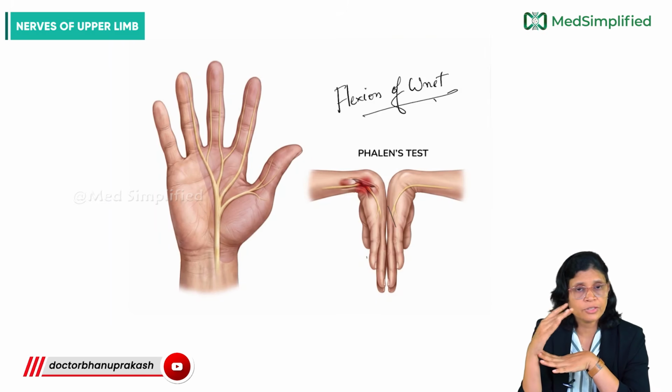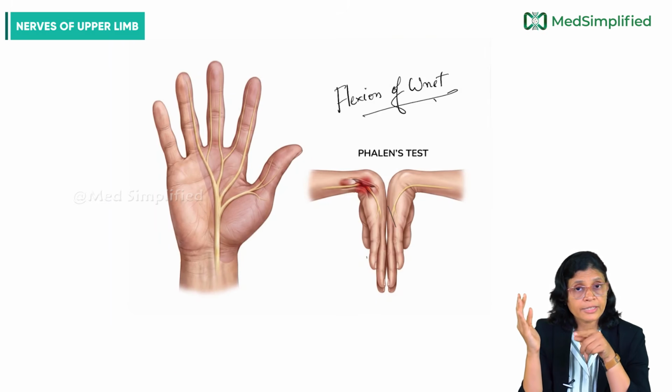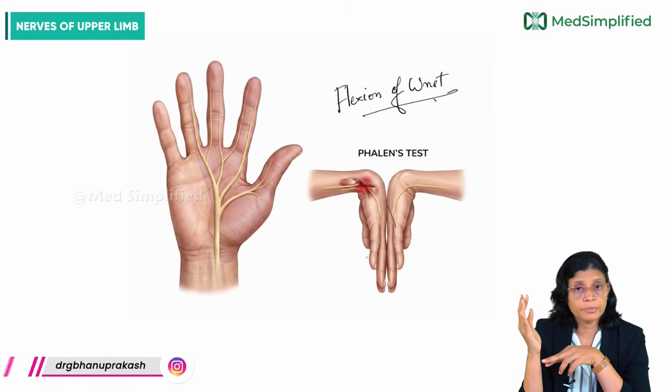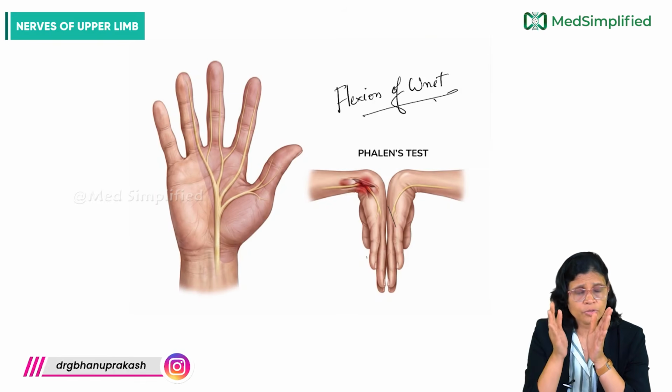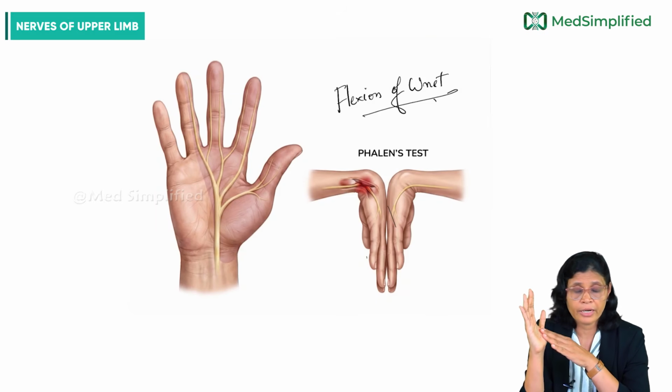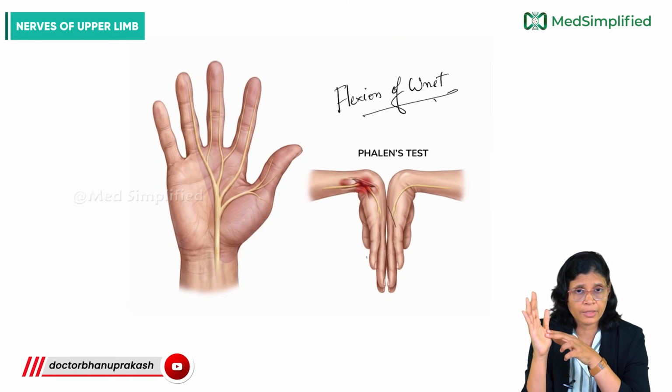Then there is weakness of flexion. There is no complete loss of flexion, but there is weakness of flexion, because which muscles are spared? The flexor carpi ulnaris and the medial half of the flexor digitorum profundus are spared. So because of which there is no complete loss of flexion. So that is in the palm. When we come down here, the thenar eminence is lost.